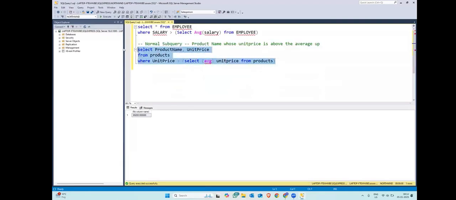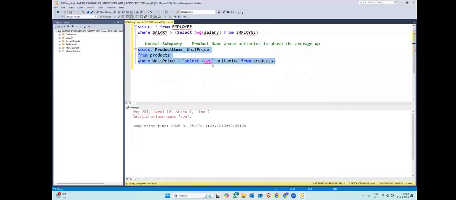Again, this is a normal subquery, right? Okay.